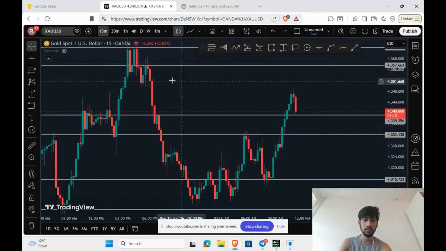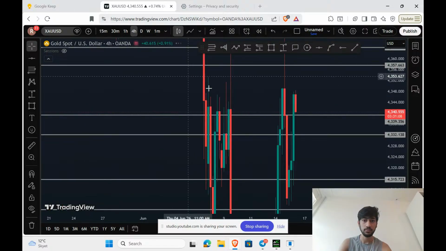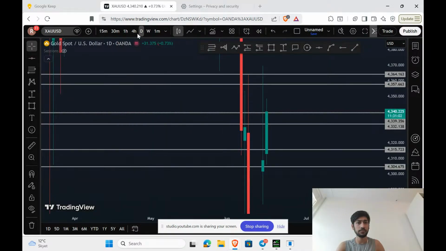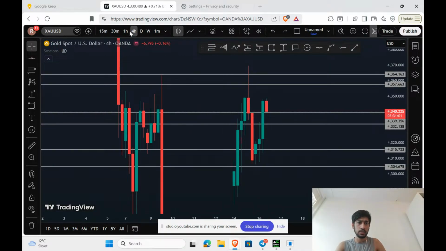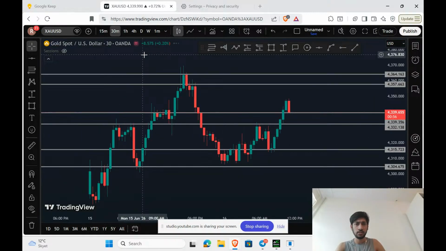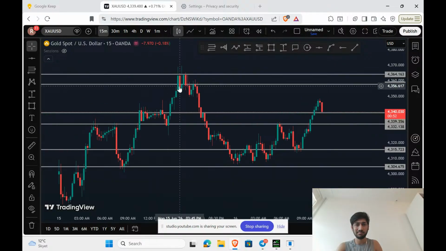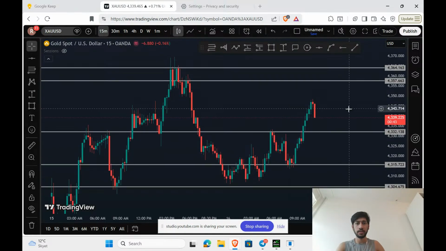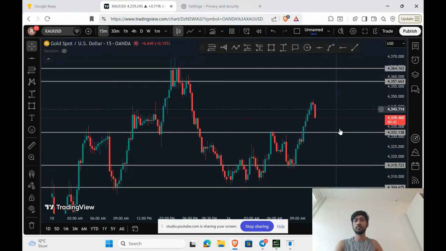Gold is coming down. H4 closed properly bullish. Daily, yeah, H4 closed bullish. H1 we are moving, three candles moved up. M30 we are just moving up. M15 nothing. If we form some sort of support, as we are in an uptrend, then I'm willing to buy.